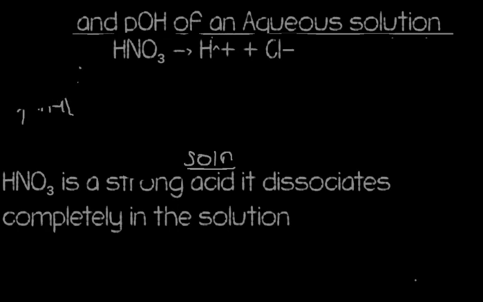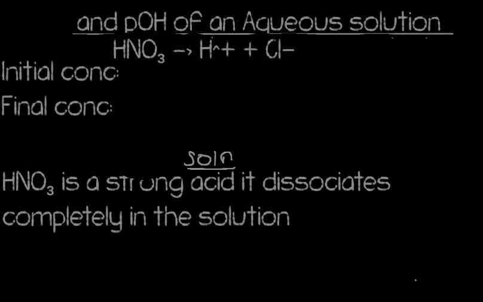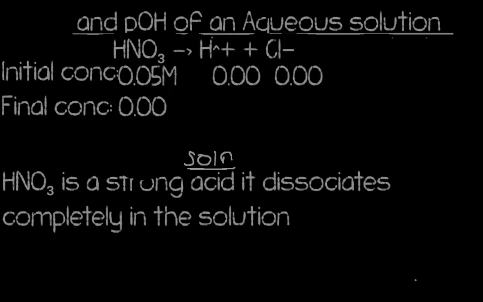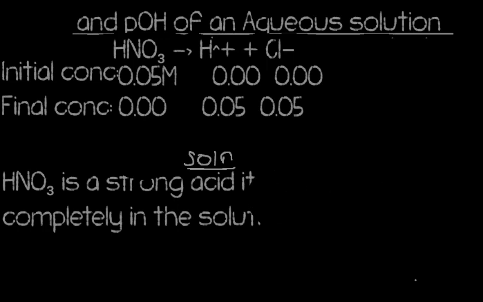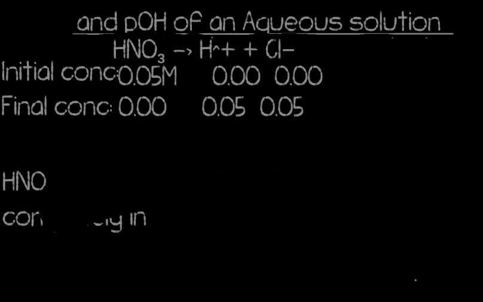Then the initial concentration and the final concentration. The initial concentration of the acid was 0.05 molar, and the initial for the ions is 0.0, and the final acid becomes 0.0 and the ions become 0.05.